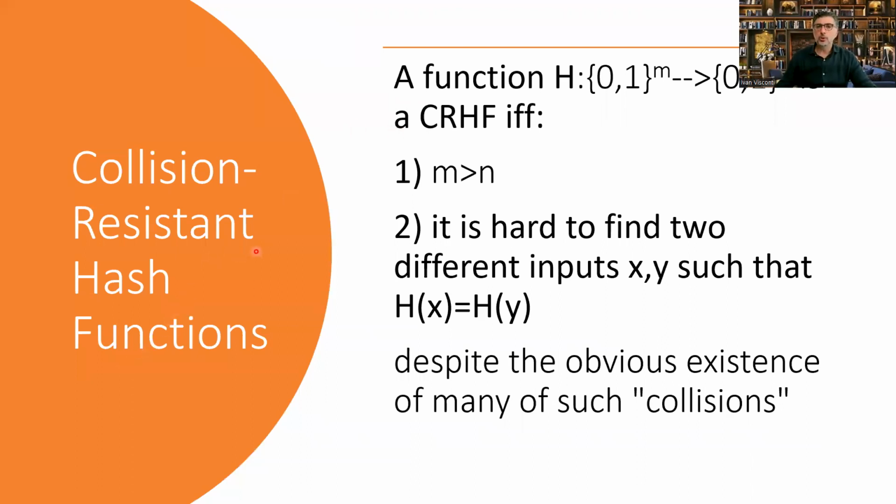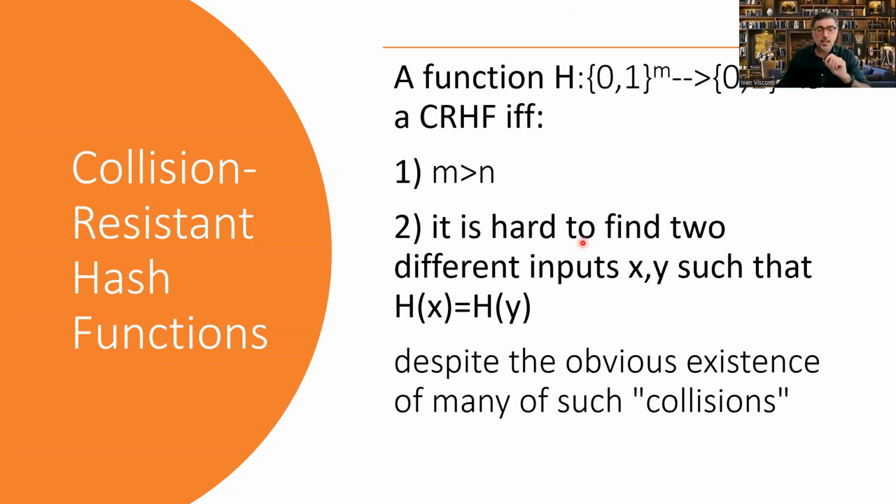So now I need to introduce the concept of a collision-resistant hash function. It's a hash function in the sense that you evaluate an input and you get an output. The output is shorter than the input, so it's compressing. And the fact that it's compressing means easily there are collisions, because basically there is more space in the input than in the output. So there exist collisions for sure.